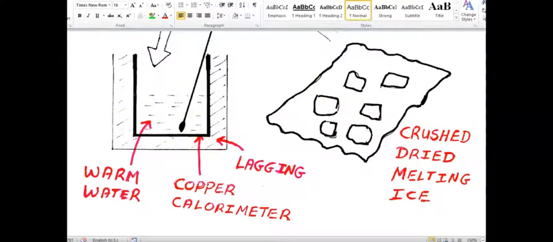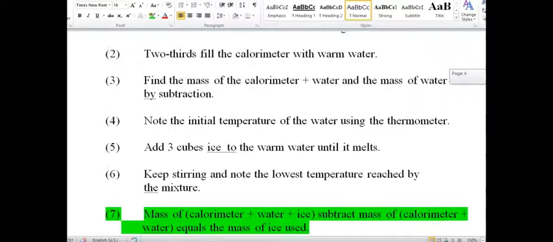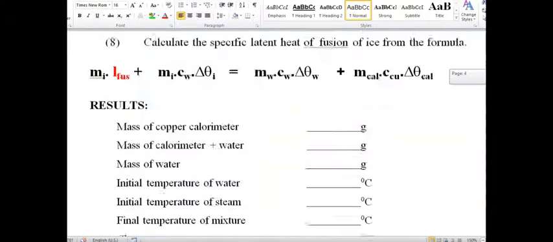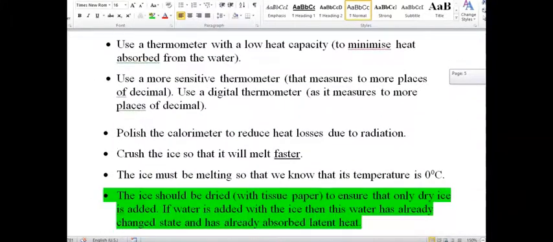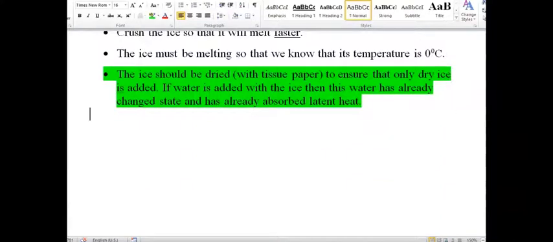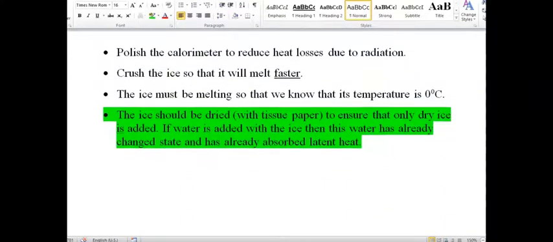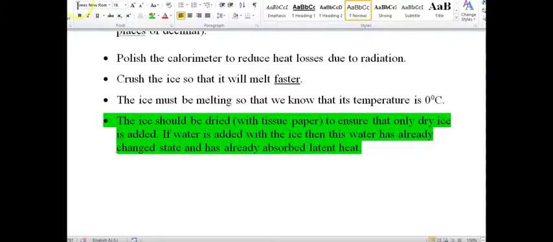So it's very important that the ice you add is physically dry. It is pure ice, there's no layer of water around it, and that means it can absorb latent heat. It hasn't already changed state.